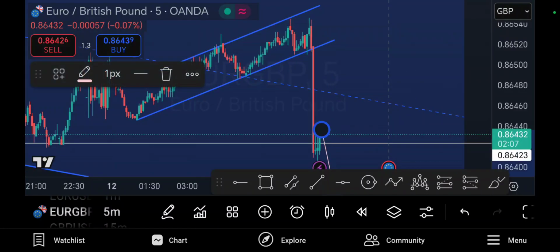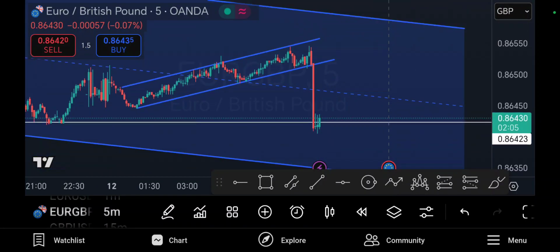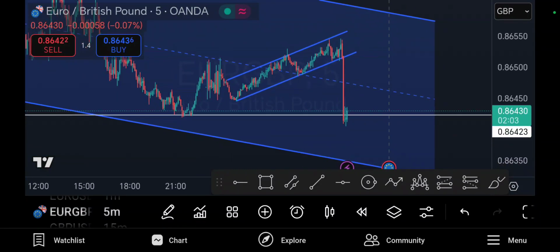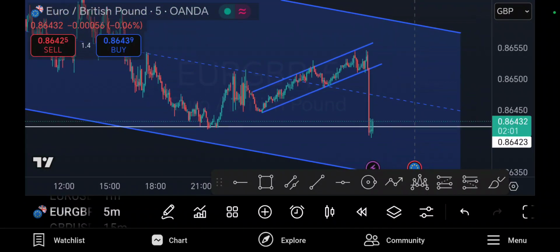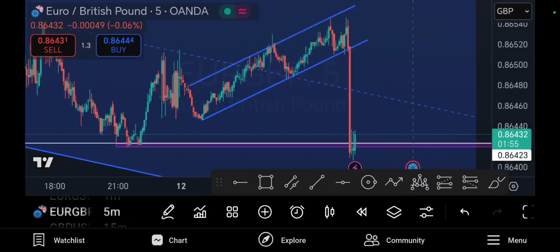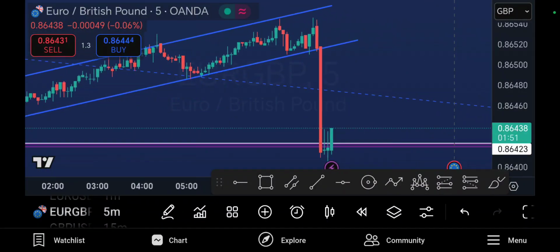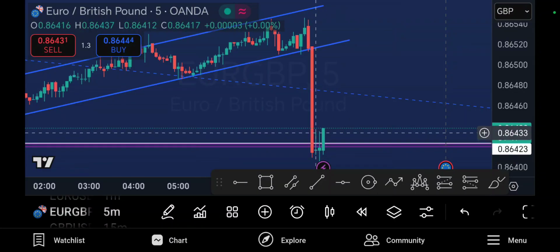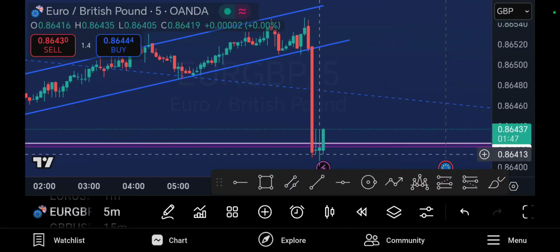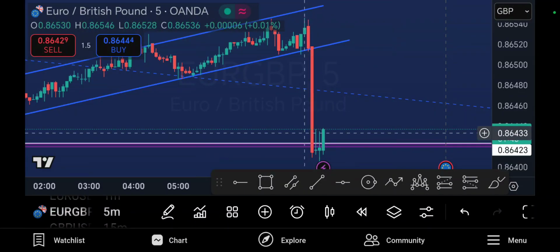There's really no rocket science to it. It dropped, and then we can expect the buys to come in from here. You see how it's moving to show that this is a strong area. We'll just have to wait for it.